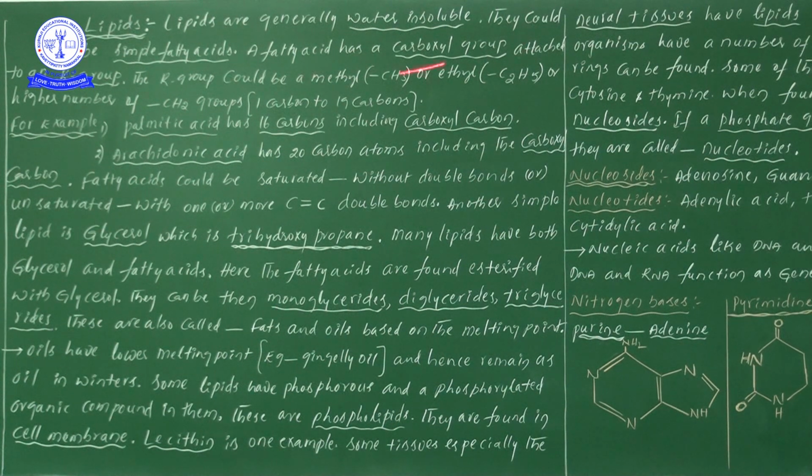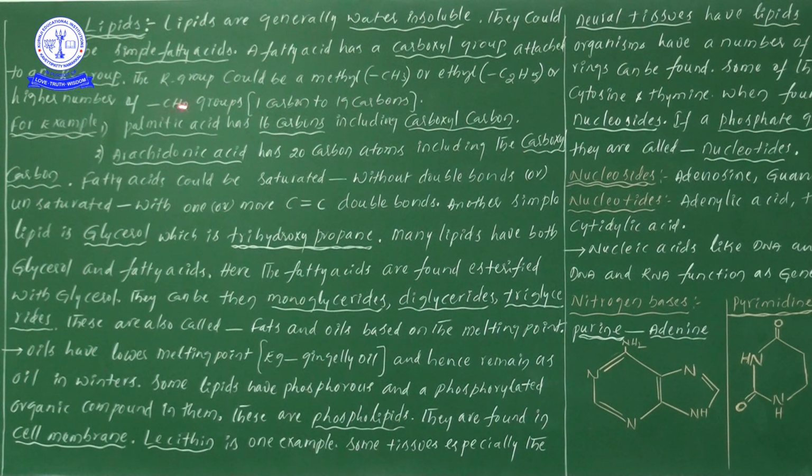Now, lipids could be simple fatty acids. The simple fatty acids definitely consist of a carboxyl group, and this carboxyl group is attached to the R group. The R group may be a methyl group, an ethyl group, or a higher number of CH2 groups, with 1 carbon to 19 carbons.